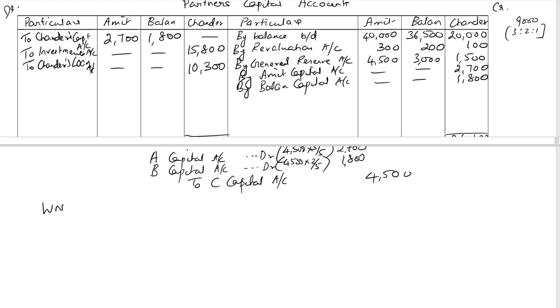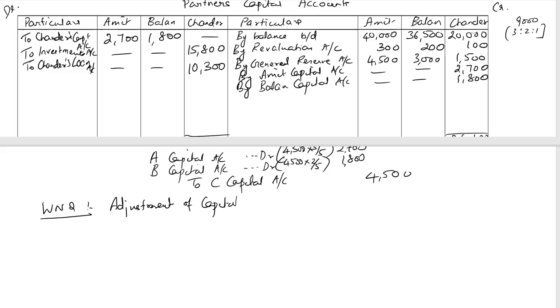So working note 2 is adjustment of capitals. Step 1 is to get the adjusted capitals of the continuing partners, which is Amit and Balan.